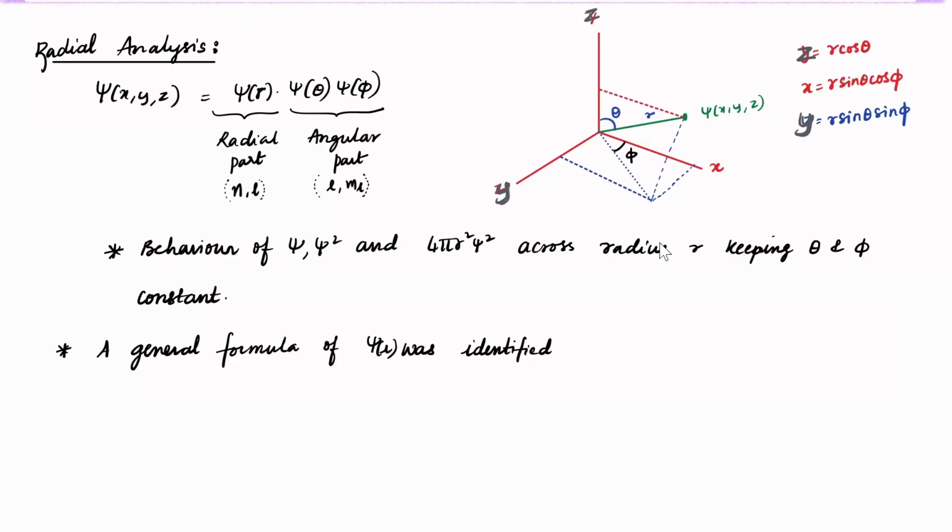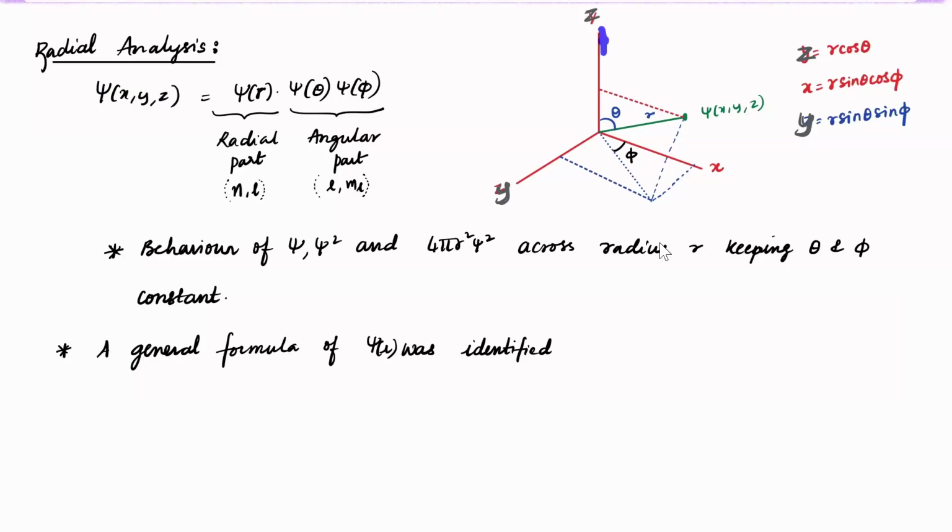An electron's behavior is expressed in the form of wave character, and that is a three-dimensional wave. And any three-dimensional wave, in fact, has an amplitude, and this psi is associated with that amplitude.